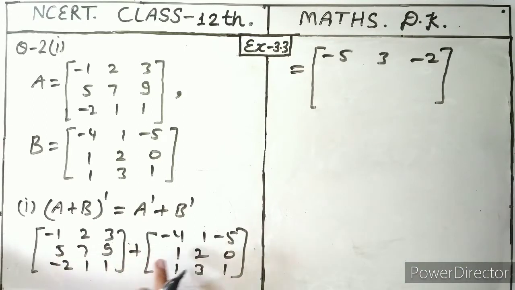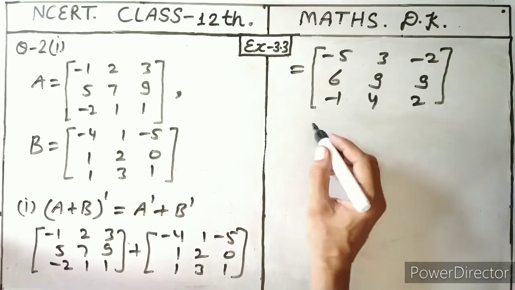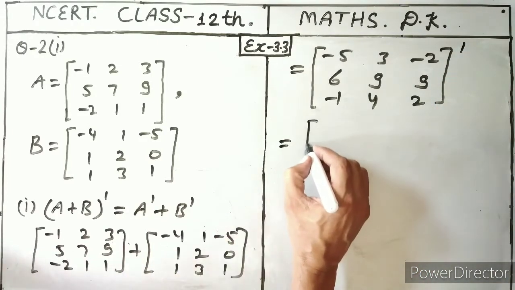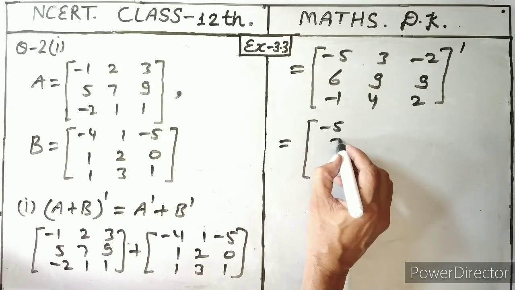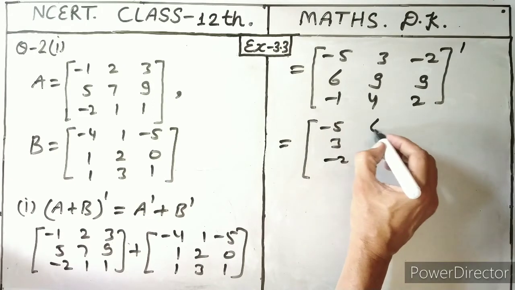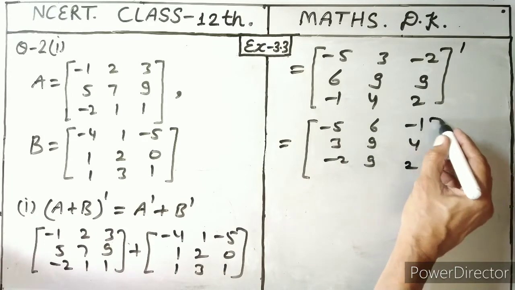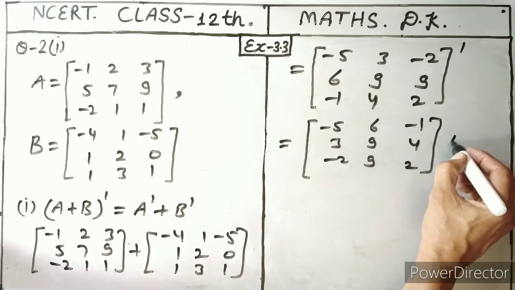Now its transpose. Transpose of this matrix is -5 3 -2, 6 9 9, -1 4 2. This is transpose. This is left hand side.